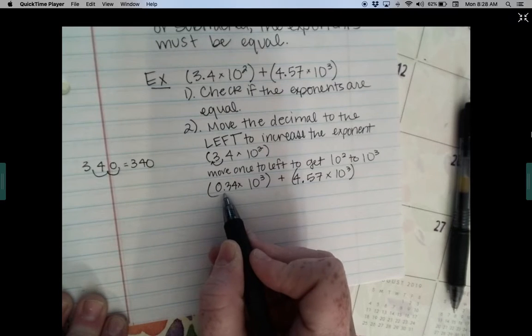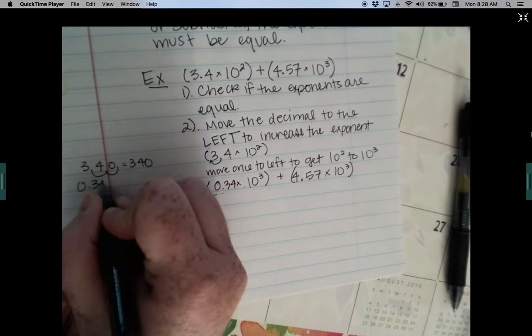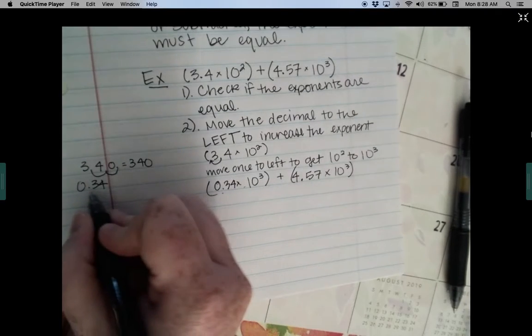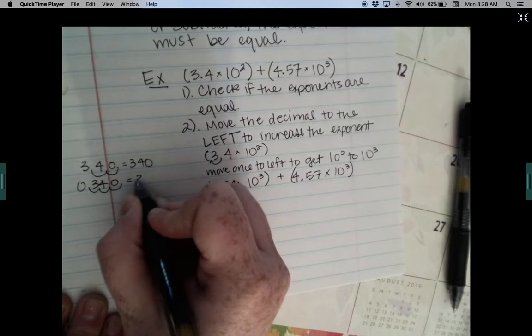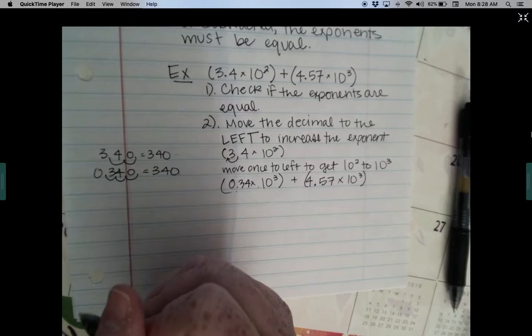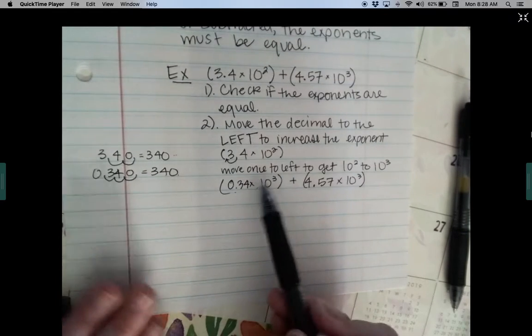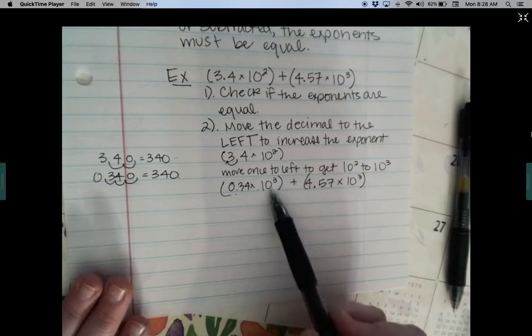If I change 0.34 times 10 to the third to regular notation, I move it 3 places to the right. 1, 2, 3, so I get 340. Are those two things the same? 340 equal to 340? Yes, Mrs. Christian. So this and this are the same.